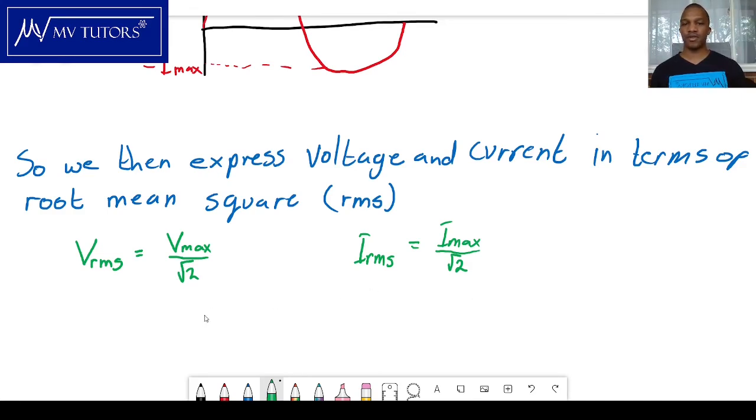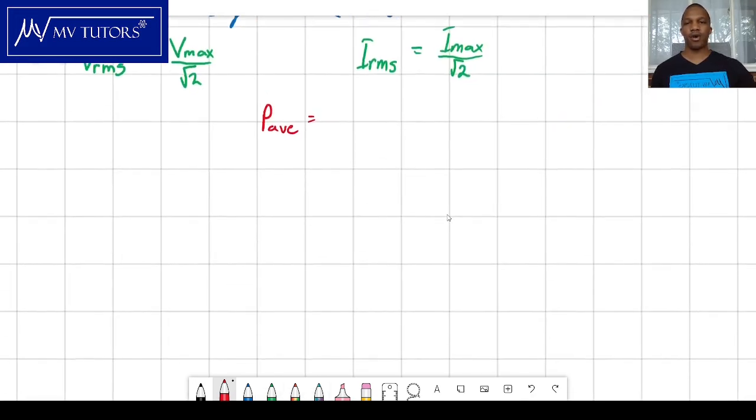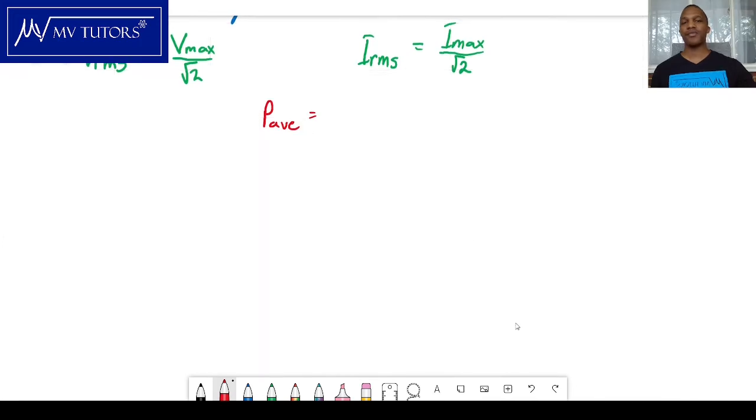So this means if you go to your formula sheet once again and look at some more formulas, you'll find the formula for average power, so that you can be charged effectively by ESCOM. Oh, by the way, ESCOM produces AC, alternating current, and then sends it out.